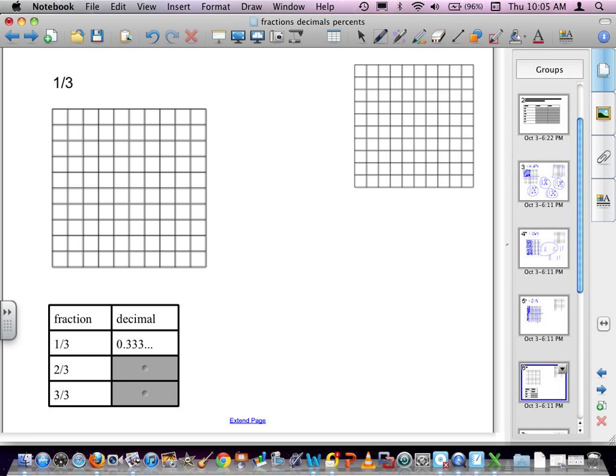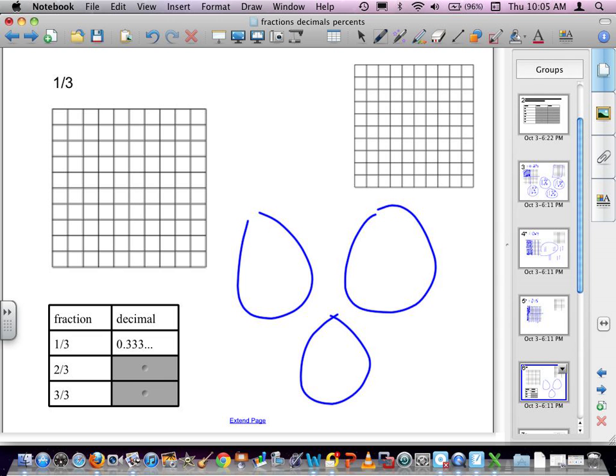Figure out how many groups. Let's use fair sharing. If I share this in 3 equal groups, how much goes in each group? 33. So 3 rods and 3 little cubes. And a third.